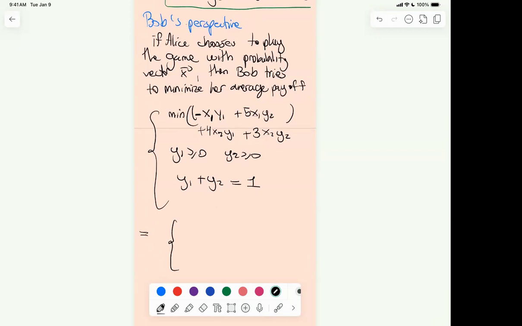It's just that here, if you write it in the vector notation as before, this would be a minimum of what? Now it's y1, y2 dot, let's see, minus x1 plus 4x2, 5x1 plus 3x2. This is what the dot product can be rewritten as.